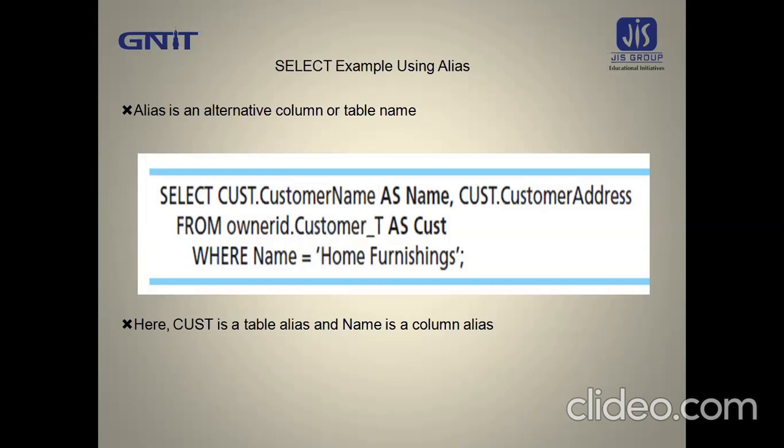Select cast.customer name as name, cast.customer address from owner id.customer T as cast, where name is home furnishing. Here cast is a table alias and name is a column alias.